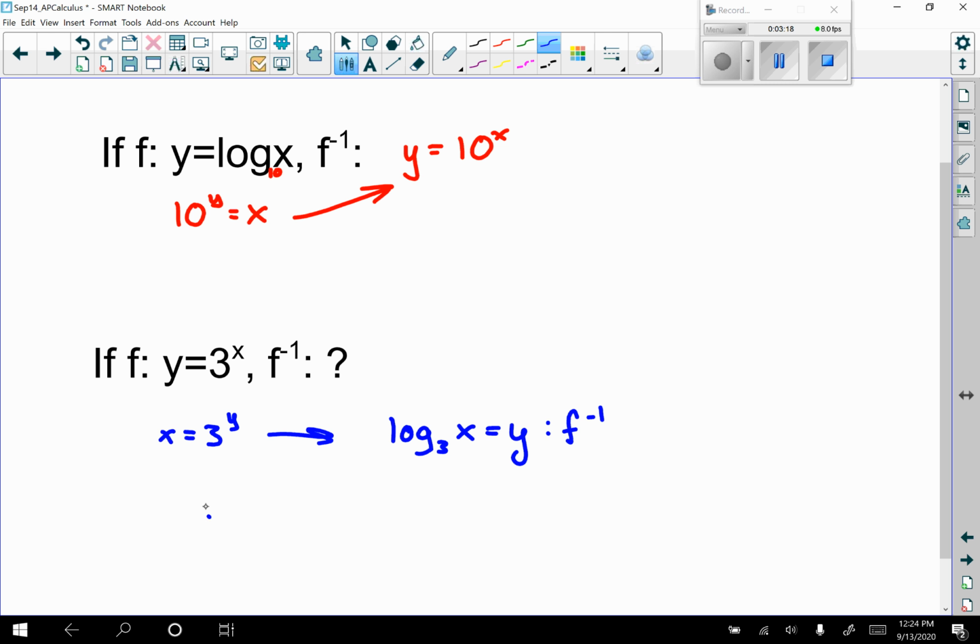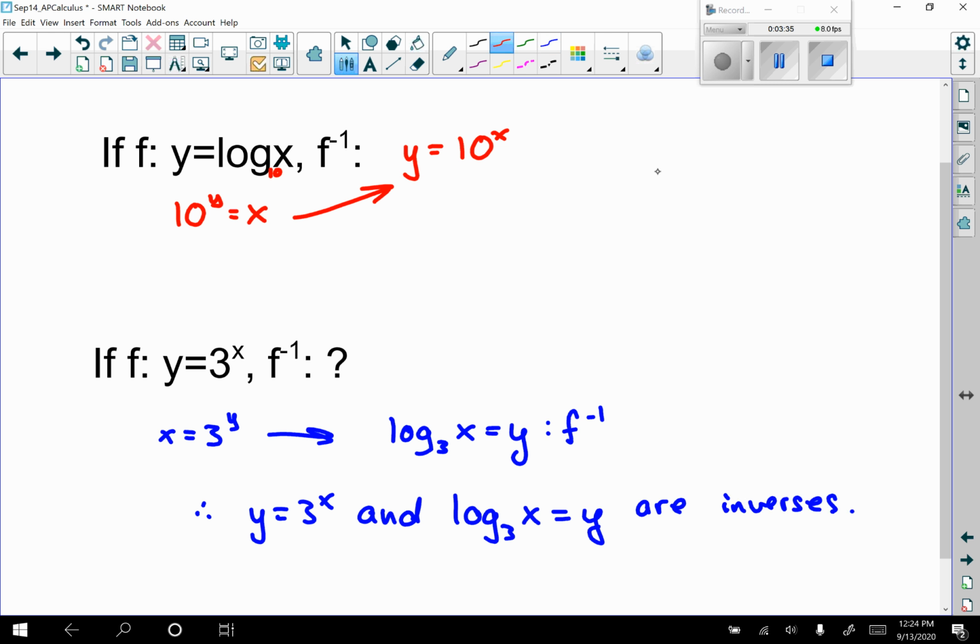So we would say, therefore, y equals 3 to the x, and y equals log base 3 of x are inverses. We could even go up here and say y equals log base 10 of x and y equals 10 to the x are inverses.